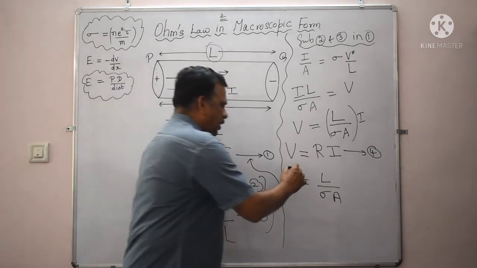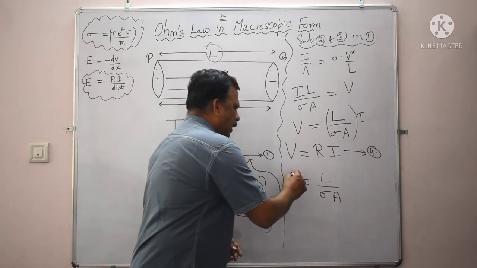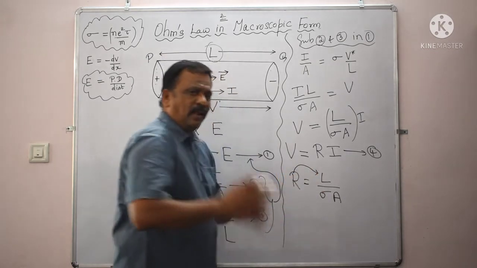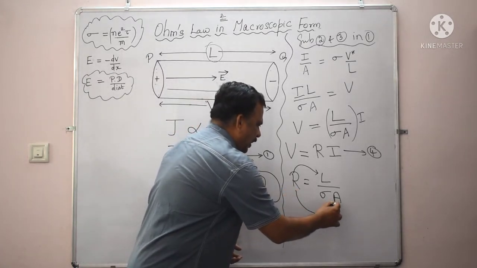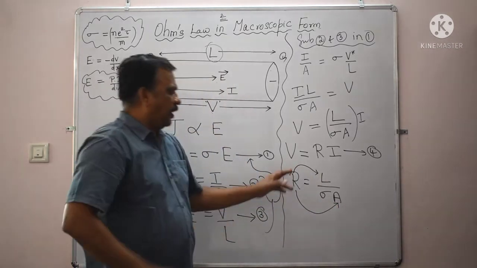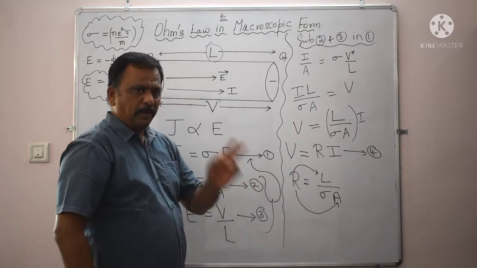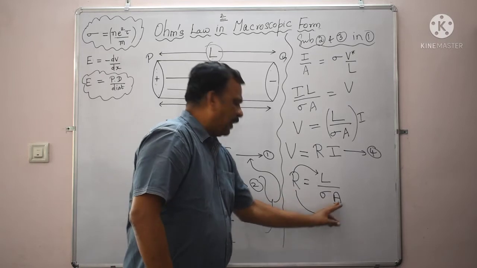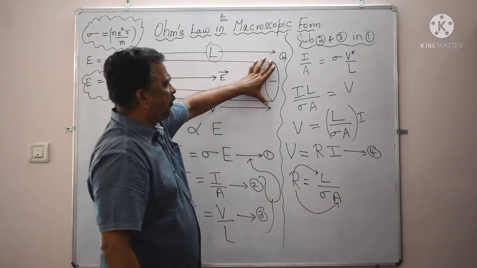So thus we can see the resistance of a conductor depends upon number 1, length of the conductor, and number 2, cross-sectional area. So if the length of the conductor is more, then the resistance of the conductor will be more. And if the thickness of the conductor is more, then the area of cross-section will be more.